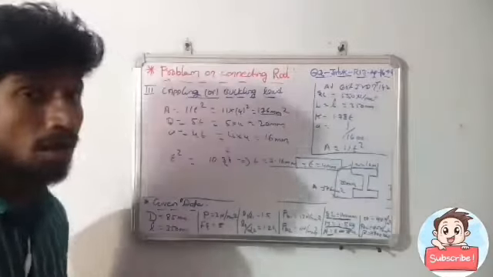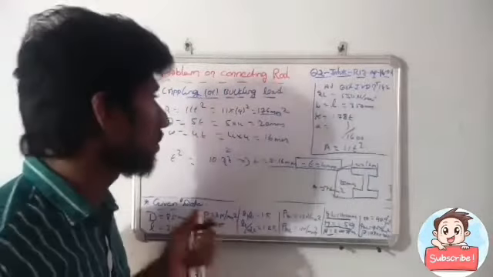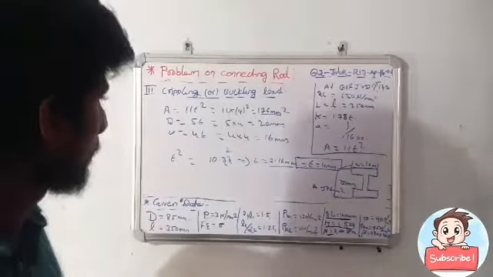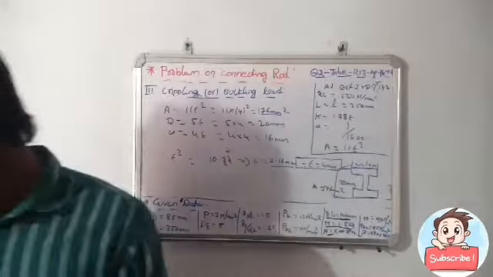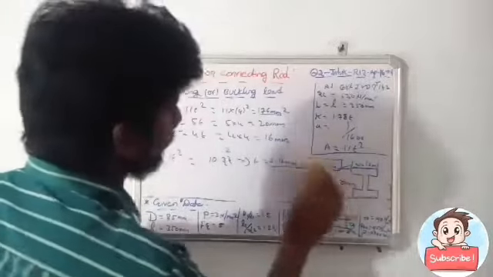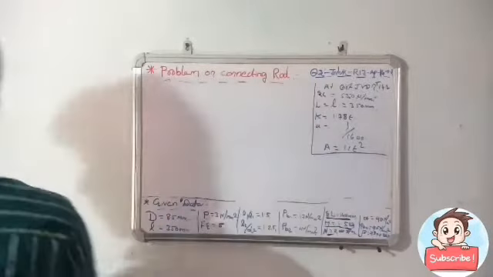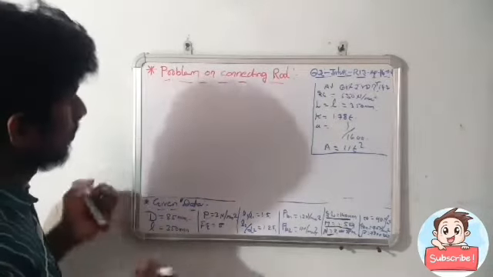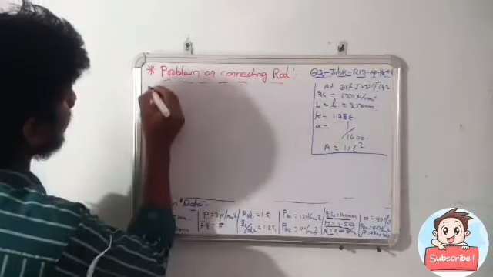So this is about the cross section dimensions of the connecting rod. And go to the next step. Axial load acting on the connecting rod.